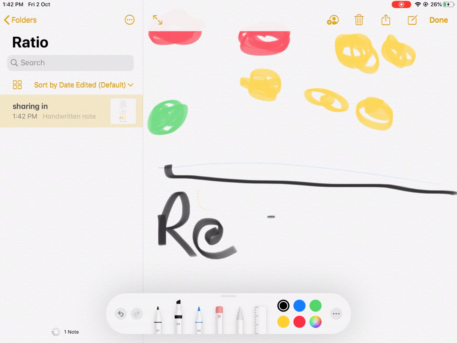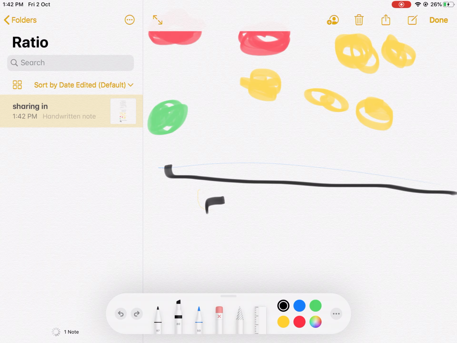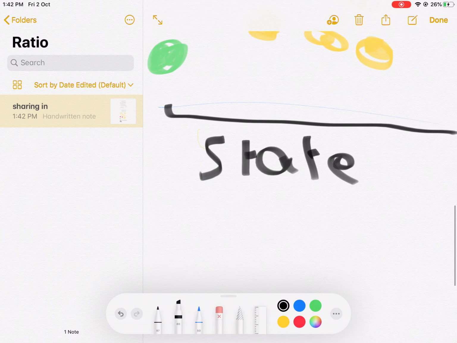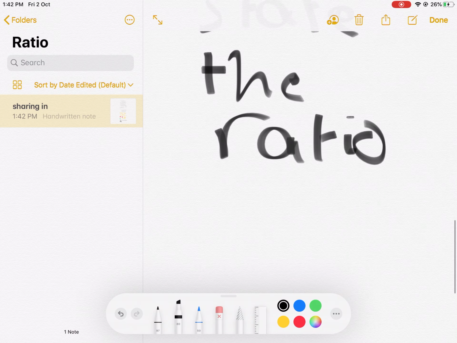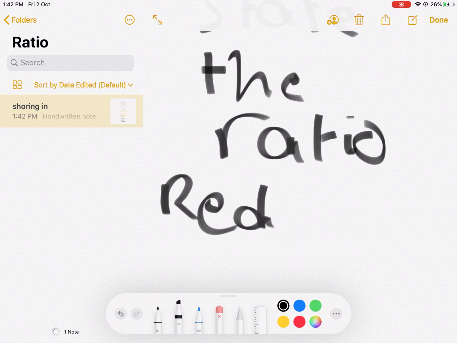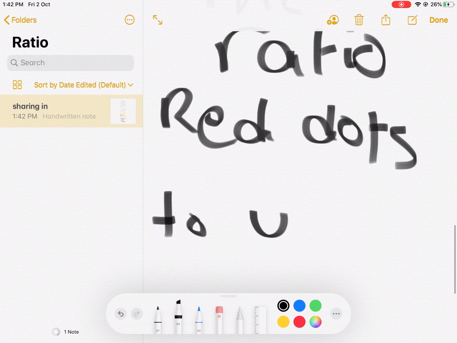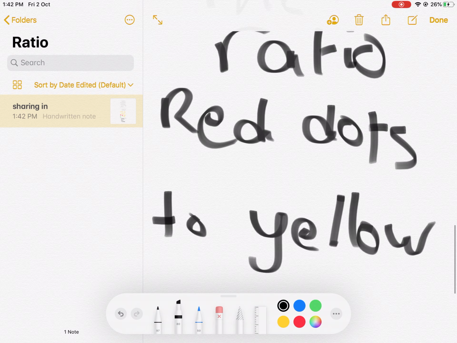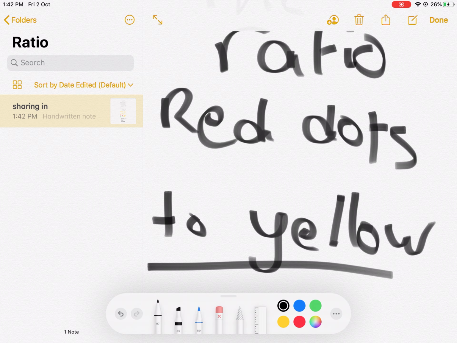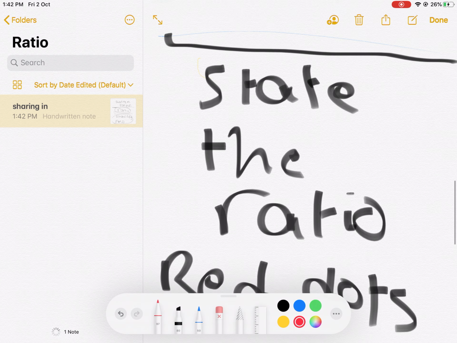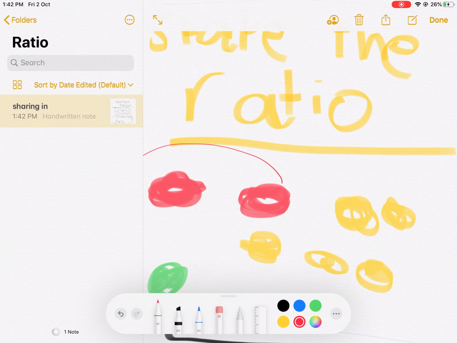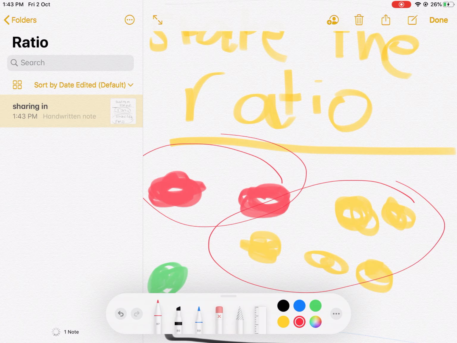State the ratio of red dots to yellow. So how many red do we have? We have 2 red and 5 yellow.